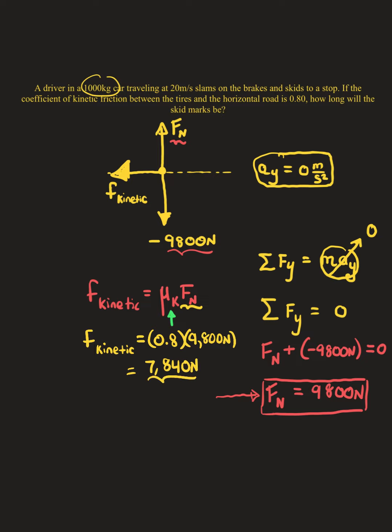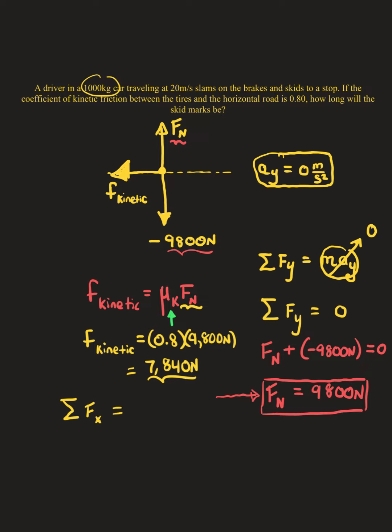So since kinetic friction is the only force acting in the x direction, we can go ahead and calculate the acceleration in that direction. So if we apply Newton's second law in the x direction, we have the summation of all the forces in the x direction equals mass times acceleration in the x. So since kinetic friction is acting towards the left, we'll go ahead and make that negative.